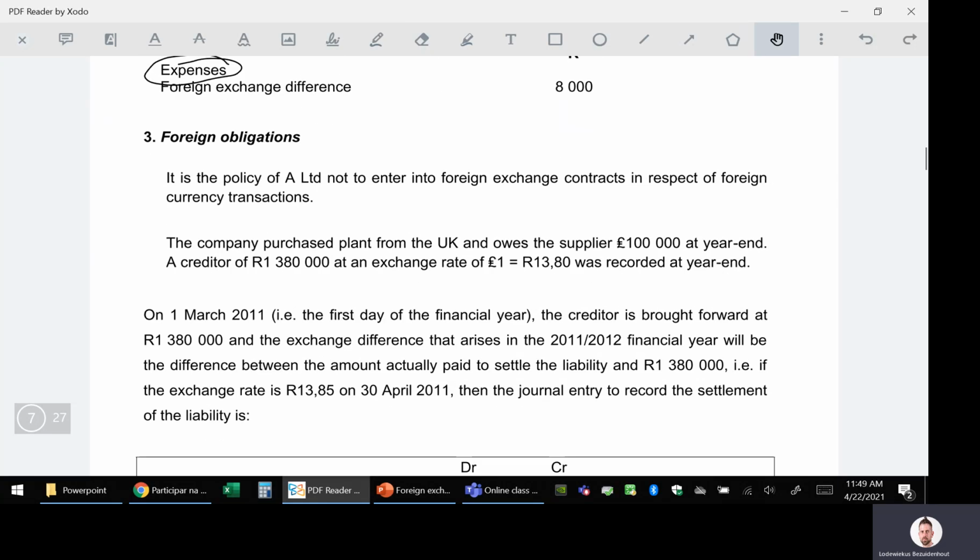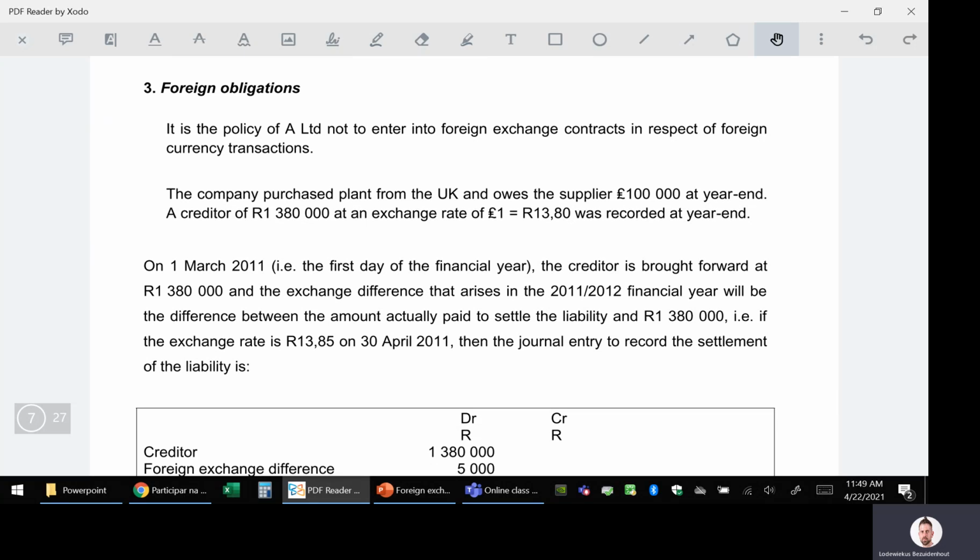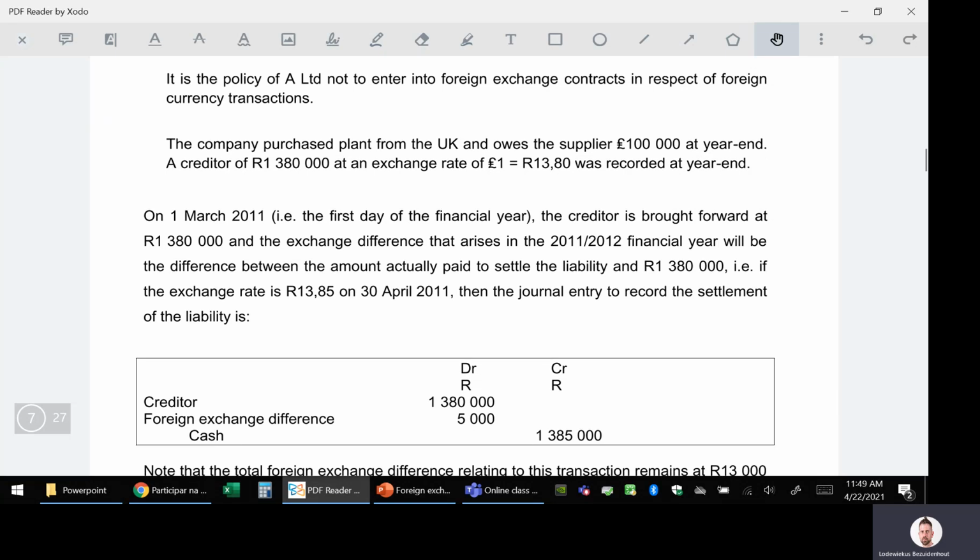All right, for foreign obligations, then you would say we didn't enter into any forward exchange contracts. On year end, we still owed £100,000. The creditor of 1380, at an exchange rate of 1380, was recorded at year end. All right, so now we had our year end.